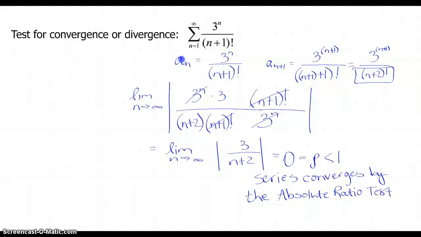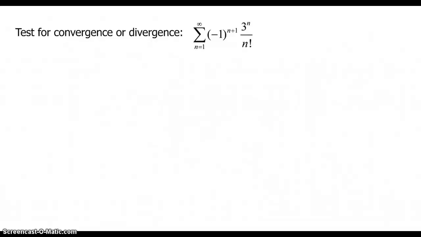So now let's work an example or two on an alternating series. You can see here we have it with the alternating term written out front and then the positive portion of the term right there. So as far as a sub n and a sub n plus 1 are concerned, all I'm really interested in is the positive portion of this alternating series, because that's all I'm going to plug into the absolute ratio test.